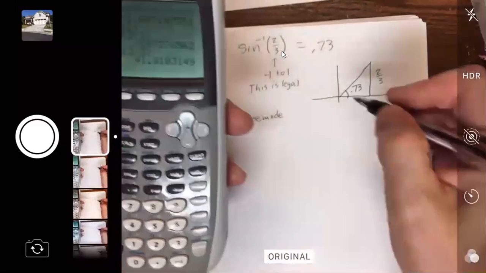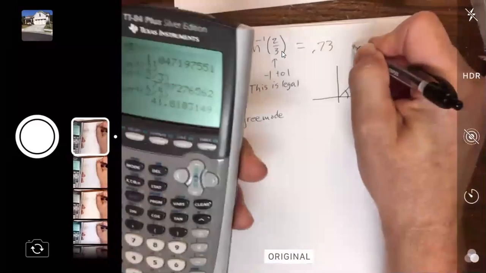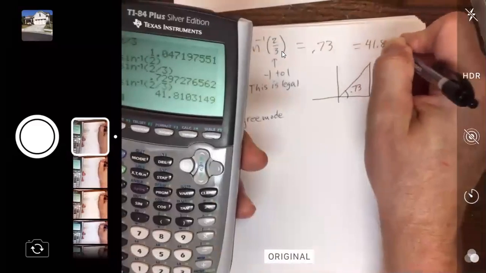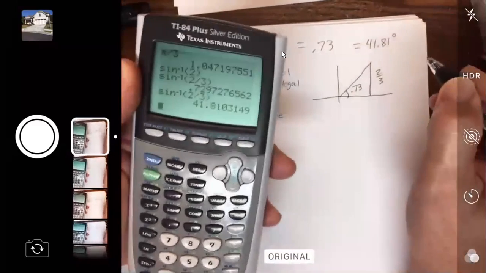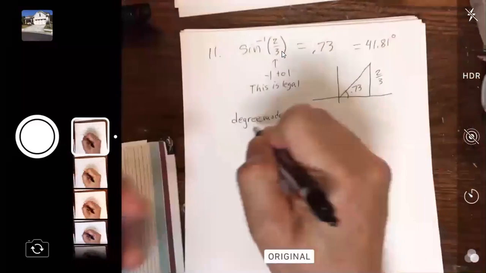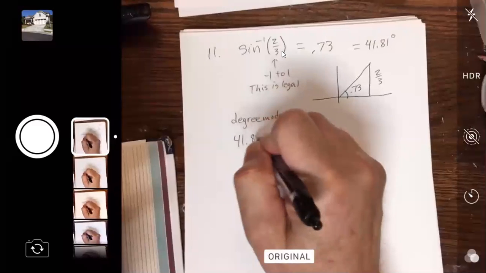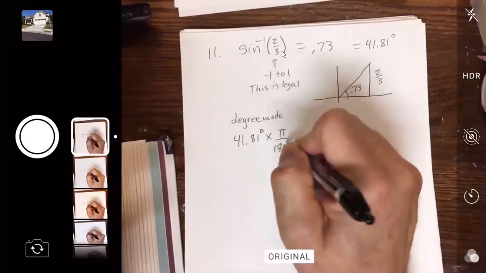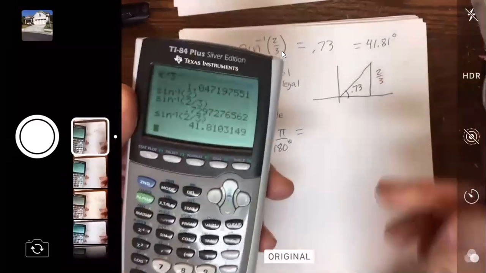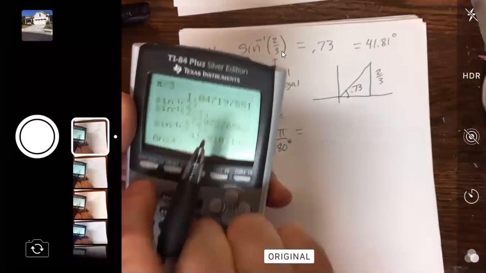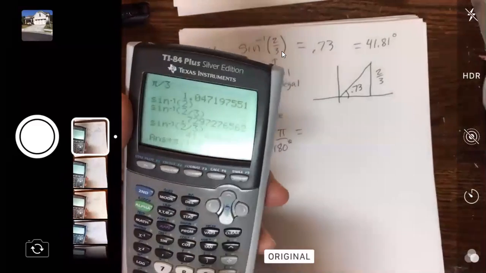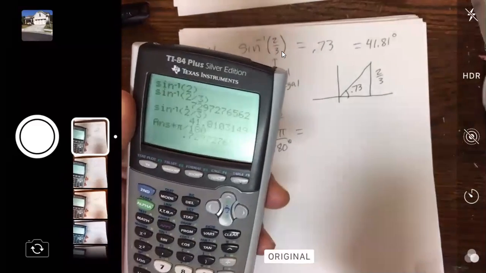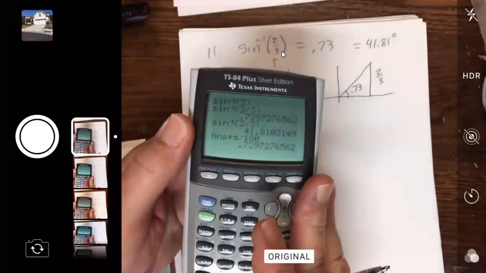You're at 41.81 degrees. If you convert 41.81 degrees times pi over 180 degrees, your degrees cancel, so multiply. Gee, what do you think I'm going to get? Times pi divided by 180. Here's my 0.73 radians.